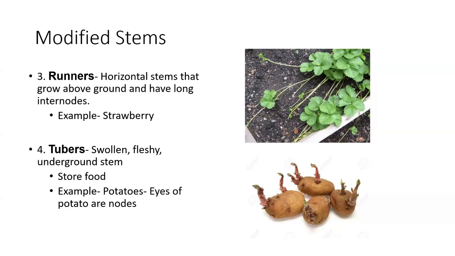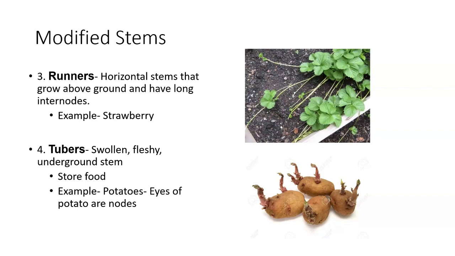You've heard me use that. So runners or stolons are stems that run above ground and often run parallel to the ground. Again, to use the example of Bermuda grass, one reason it's so aggressive is because it produces both stolons or runners and rhizomes.